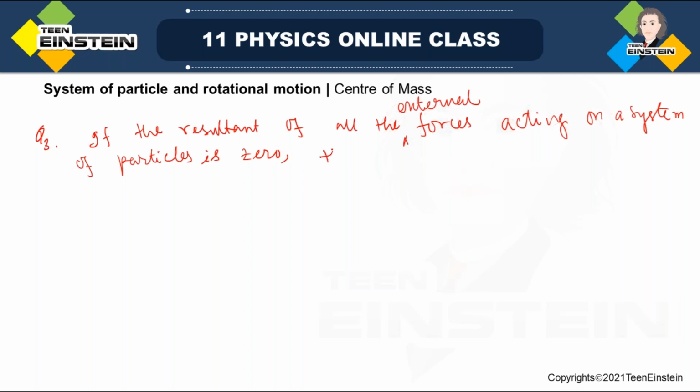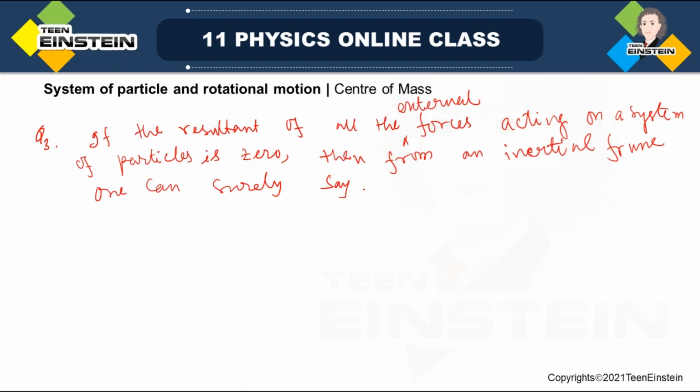then from an inertial frame, one can surely say that there are four options.